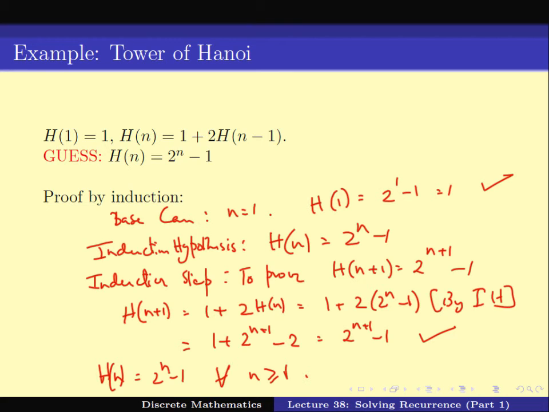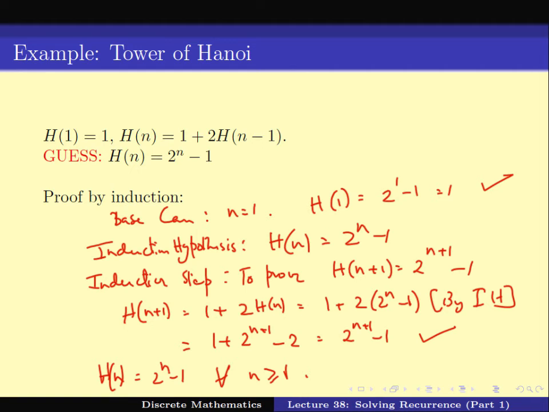Note that this is not only a way of proving the recurrence, this also, if you go back to your previous video, gives us a compact form for the number of moves required for the Tower of Hanoi problem.